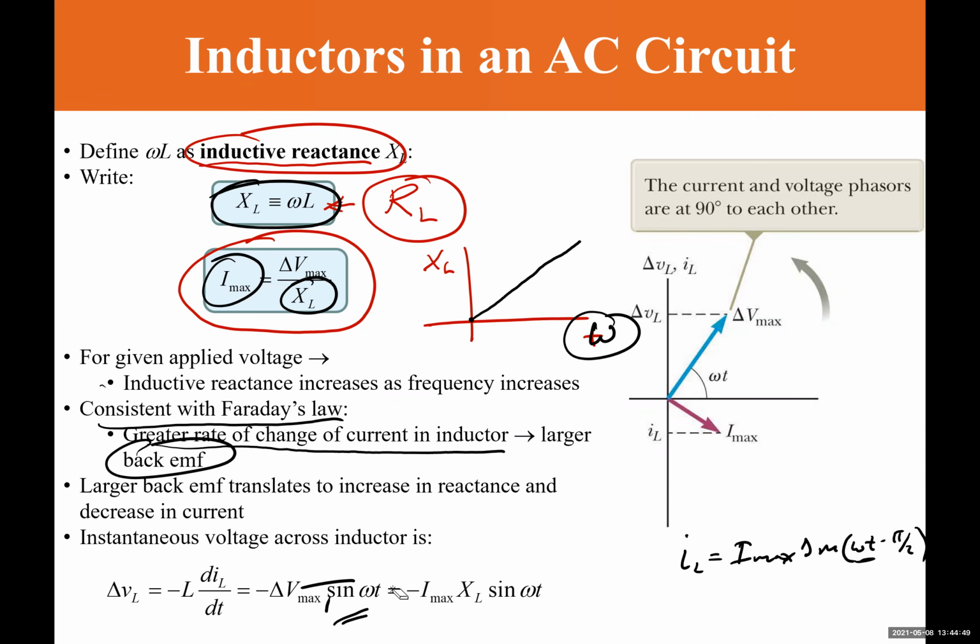And here we have the voltage value as well. The voltage of the inductor is negative L dI/dt, so we take the derivative of the current. I_L was negative Vmax over omega L, times cosine omega t.